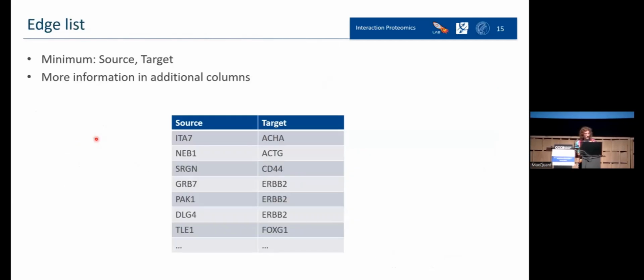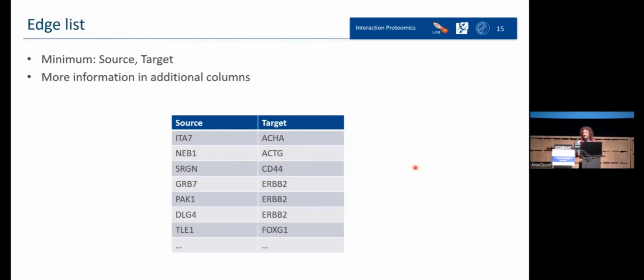So first, we have here the edge list. As you can see, it is a very simple table and a simple way to represent the binders. We just have a source and a target here. We say, okay, if we put this protein here, then this one will interact with this one, with this other. We can add additional columns. For example, we can add information about the type of interaction that happened between these proteins.